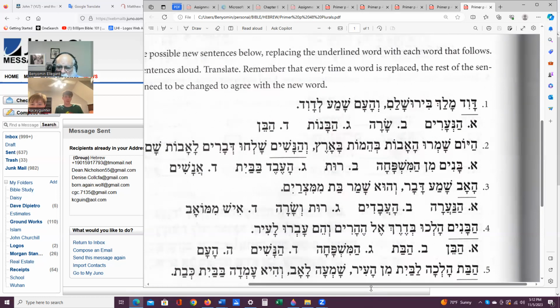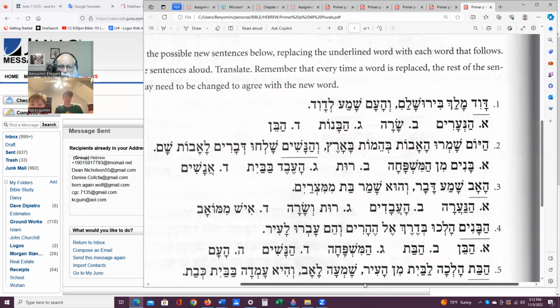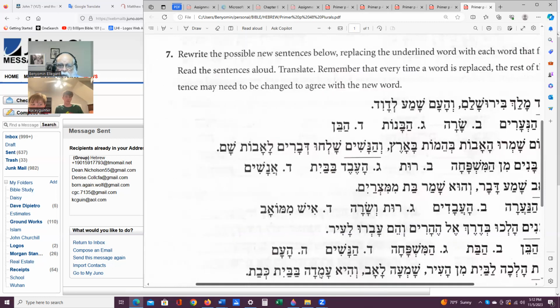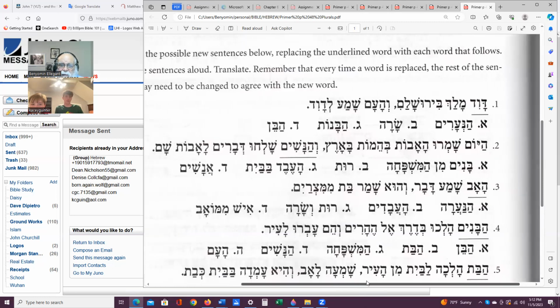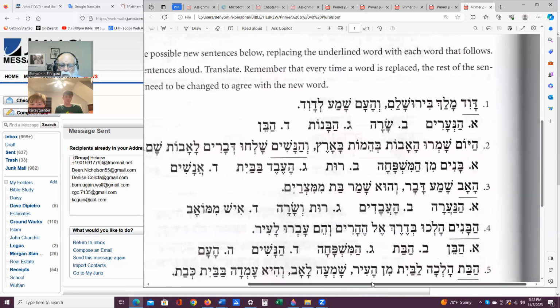This says here, according to the instructions, rewrite the new sentences below. I don't want you to do that. I don't want you to have to, okay.